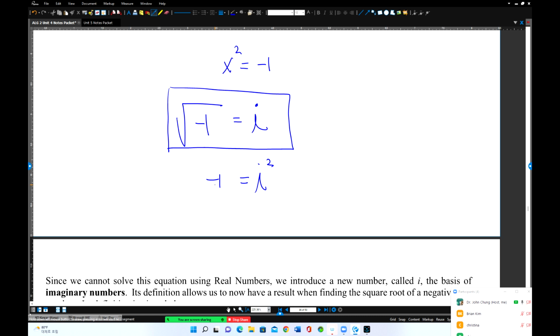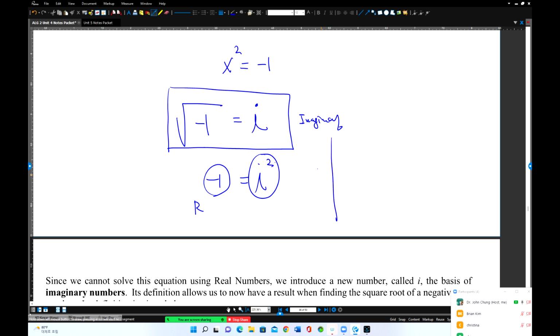What does that mean? When we have an imaginary number, maybe we can square it. It's not an imaginary number anymore. It's not imaginary. Now this is real. It was imaginary before. But when you square it, i squared equals -1. This number, i squared, is real, which is -1.